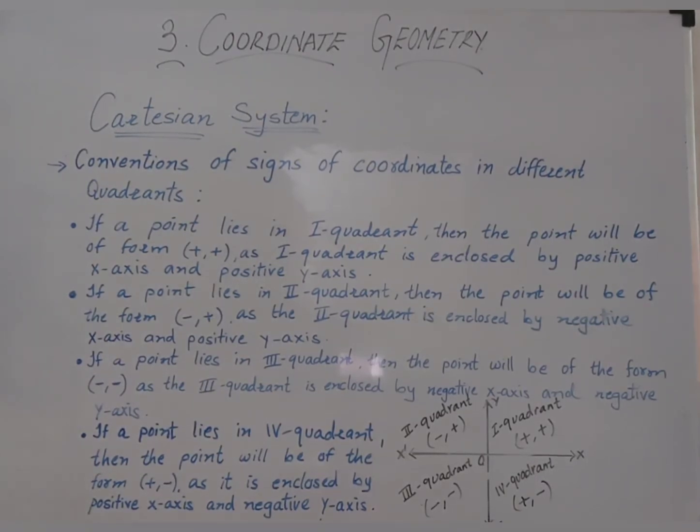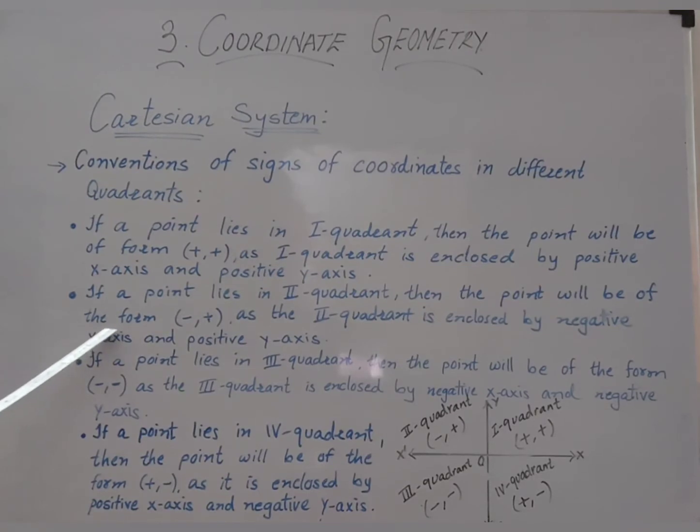Now suppose a point lies in second quadrant, then the point will be of the form (-, +), as the second quadrant is enclosed by negative x-axis and positive y-axis.